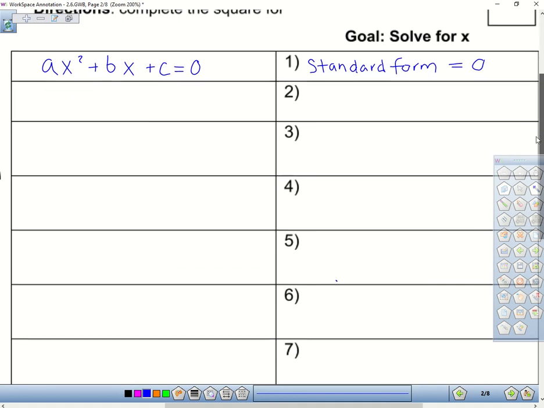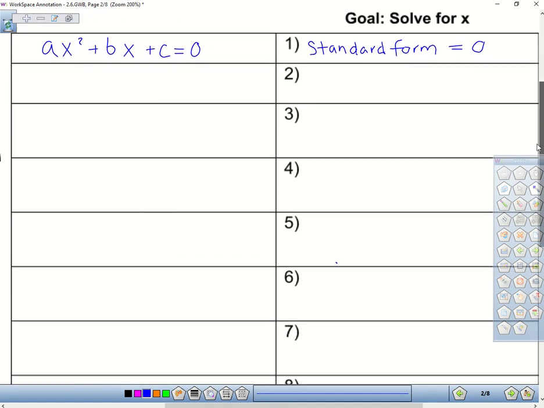Now we're going to go through the steps of completing the square like we always do, but now we're doing it with variables instead of numbers. So instead of numbers, we're going to be left with a variable divided by another variable, okay? So it's going to look like there's a lot of variables going on. Don't be alarmed by that.